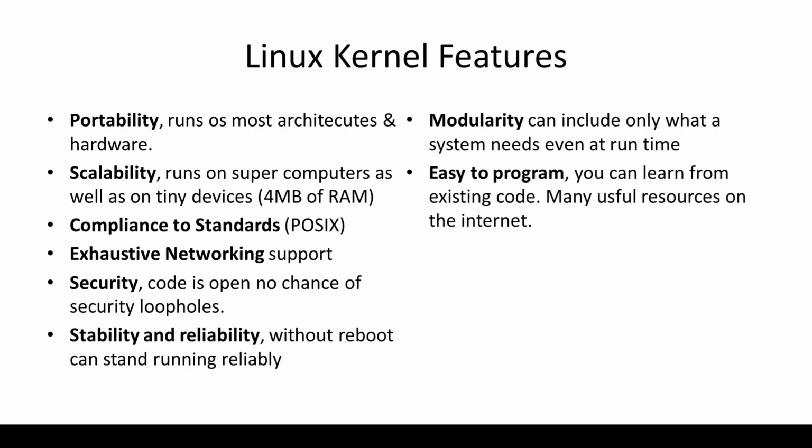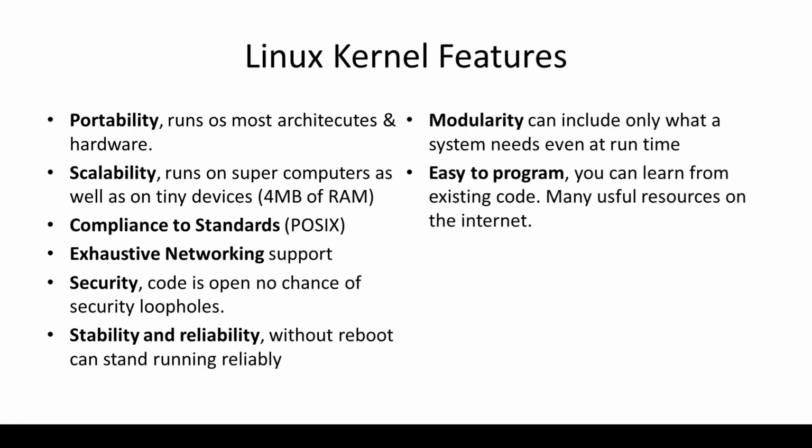Exhaustive networking: we have a full networking stack available inside the kernel. Security: since the source is open, the review process is very strict, so there are hardly any loopholes or missed flaws. Stability and reliability: Linux is known for it, which is why servers run with Linux 24 by 7, 365 days.